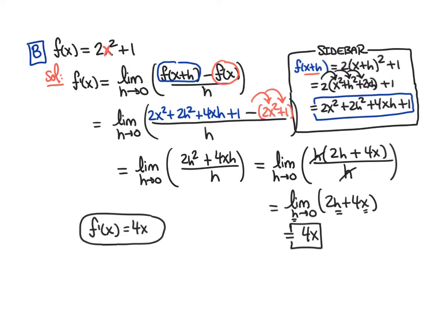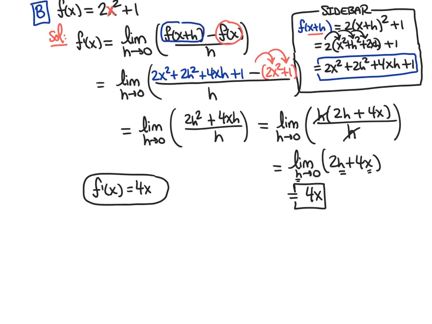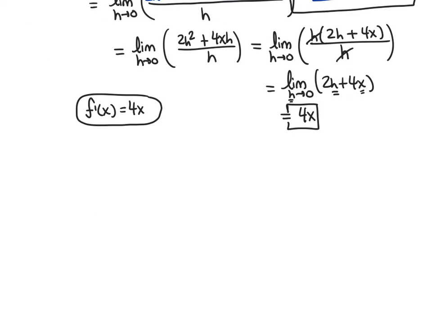To illustrate that further, you might be asked with a problem like this, once you find the derivative, to then find the slope of the tangent line at a given point. So we might say, well, what is the slope of the tangent line to f of x at, say, x equals 5?